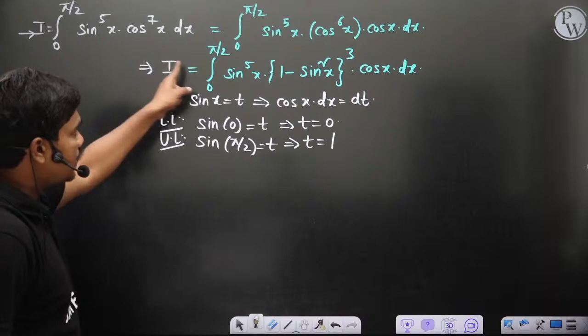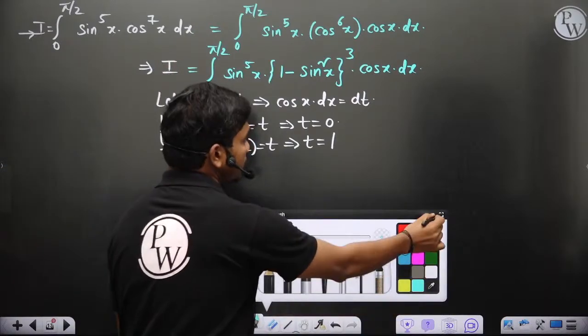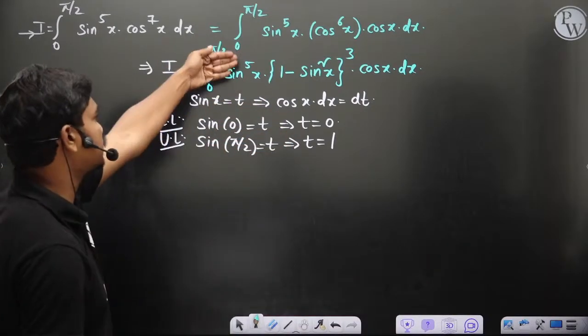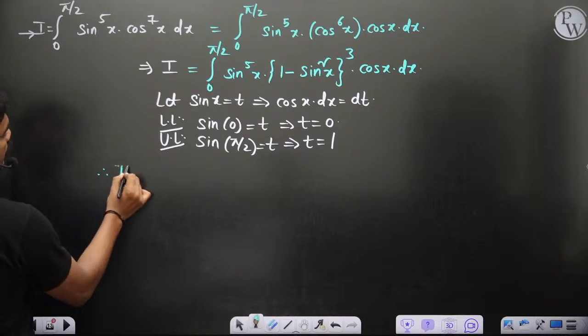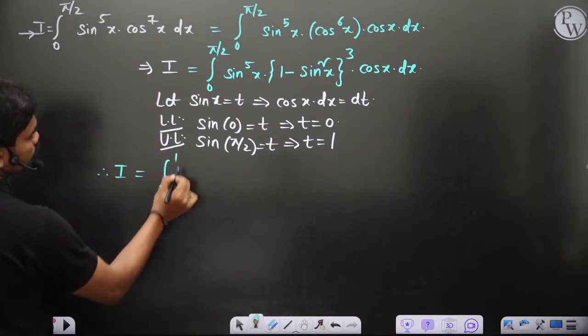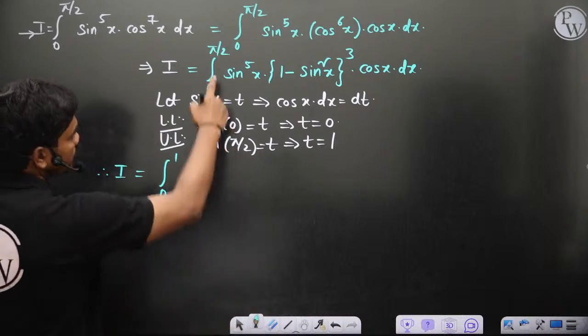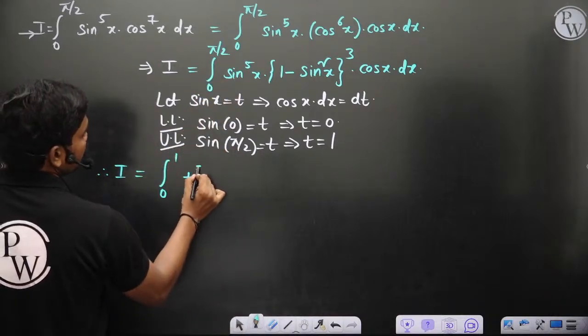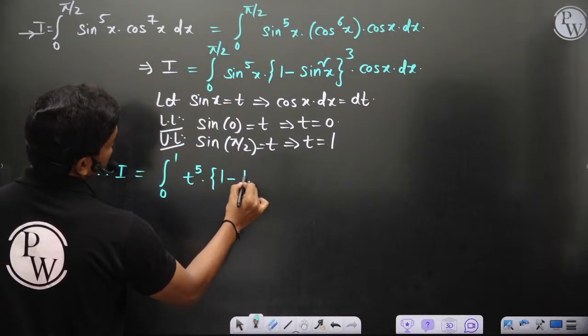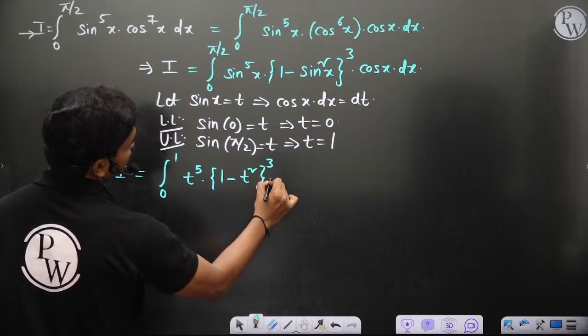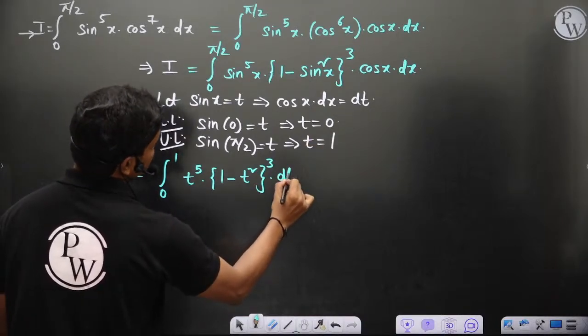So if you call this integral I, then if you substitute all these things in this integration, you have I equal to integral 0 to 1, because lower limit is 0 in t, upper limit is 1 in terms of t. So t^5 into (1 minus t^2)^3 into dt.